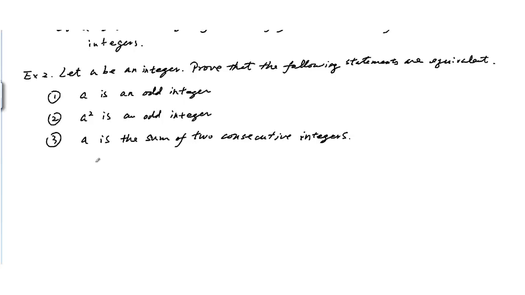If you look at what we mean by equivalent, that means if you start from 1, if a is an odd integer, then you can conclude that a squared is an odd integer. And if a squared is an odd integer, you can prove that a can be written as the sum of 2 consecutive integers.